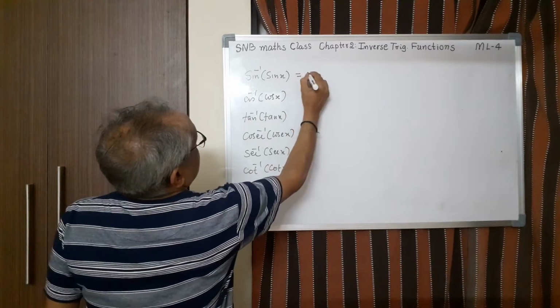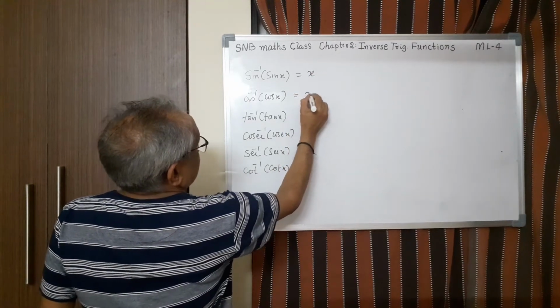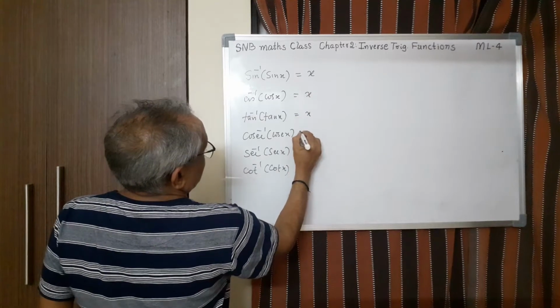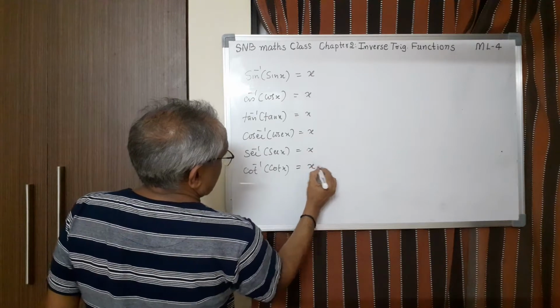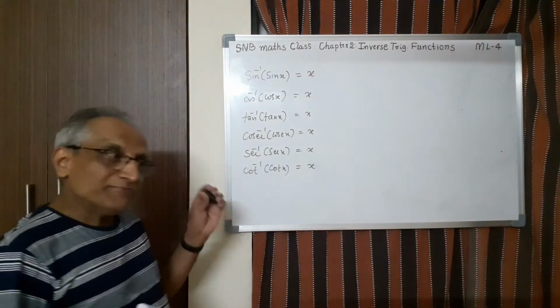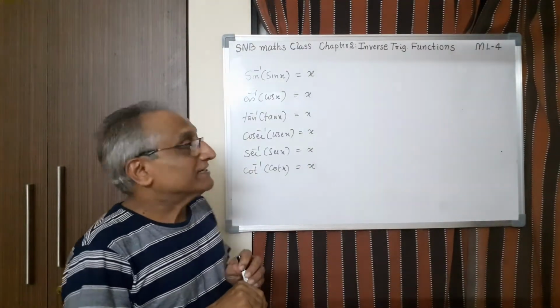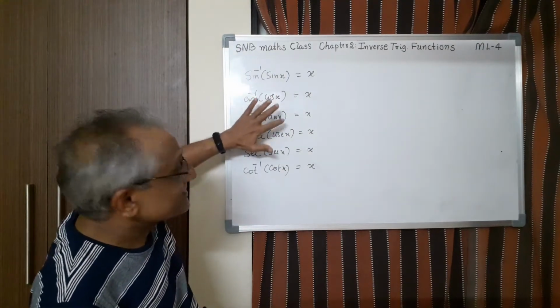But the problem is here, if you write x, it is correct, but there are conditions, because as it is, the trigonometric functions are not bijective. First we made them bijective and then we defined the inverse. Therefore here conditions are there.